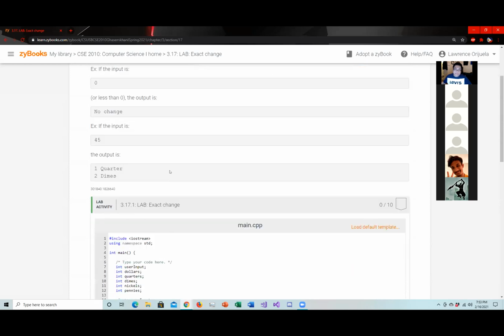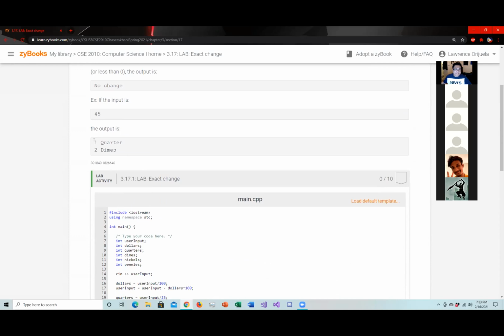Now, one convenient thing about this lab is that the output is done line by line. So because it's done line by line, we can actually segment this, and we can say this many dollars end line, then this many quarters end line, dimes, nickels, pennies.